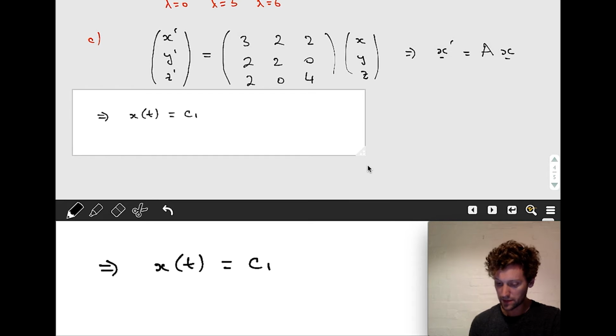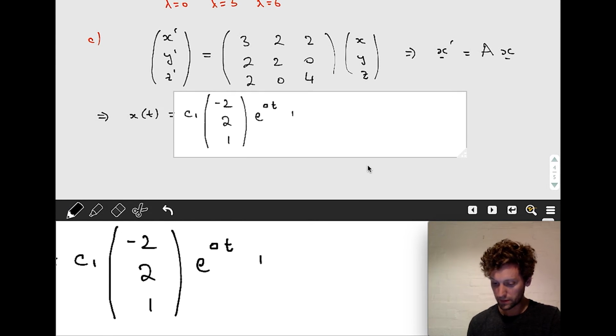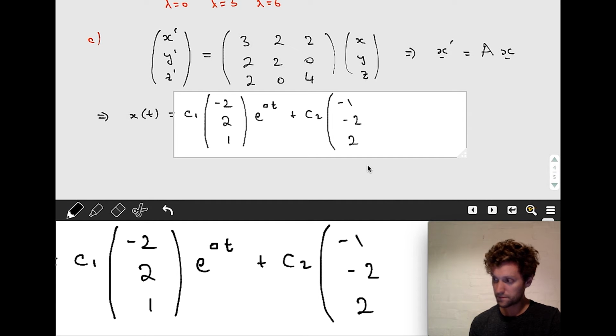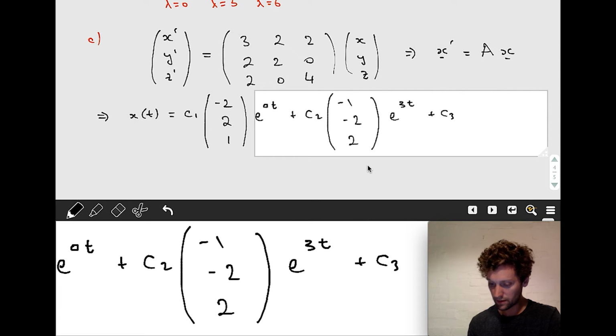c1 times the first eigenvector, 2, 2, 1, times e to the first eigenvalue times t, plus c2 times the second eigenvector, -1, -2, 2, times e to the second eigenvalue times t, plus c3, third eigenvector, e to the third eigenvalue times t.